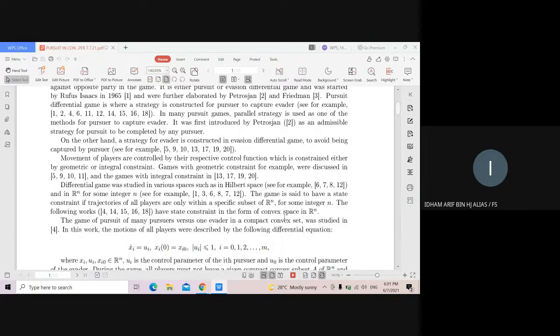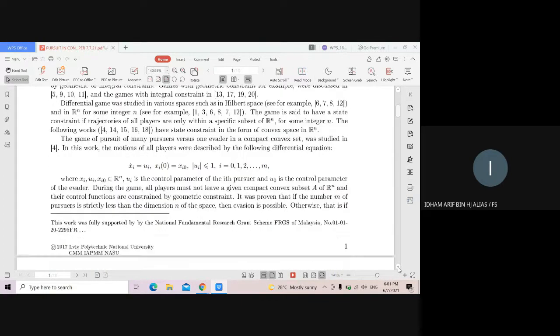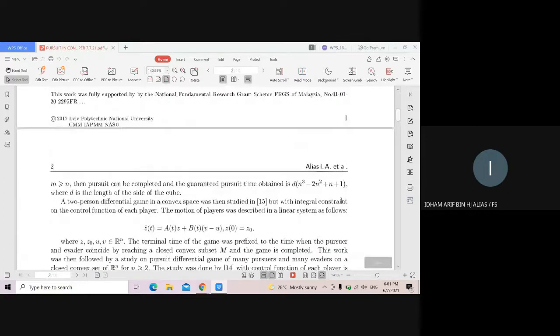So the past works that study differential game in convex space are listed here. But the one that is really close to our project is reference number 4, which gives a guaranteed pursuit time, which is this.